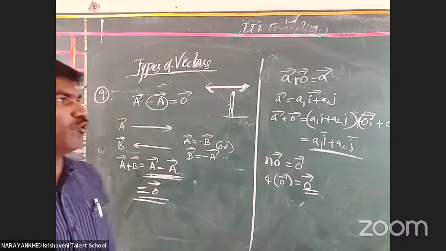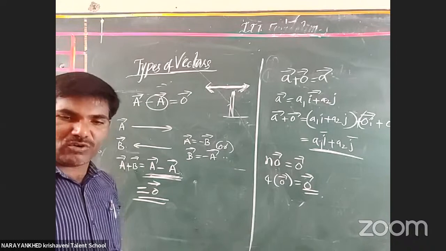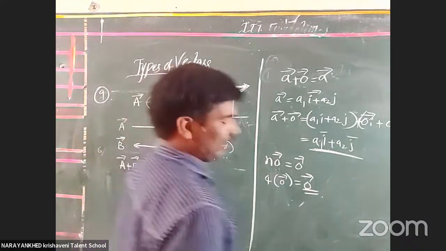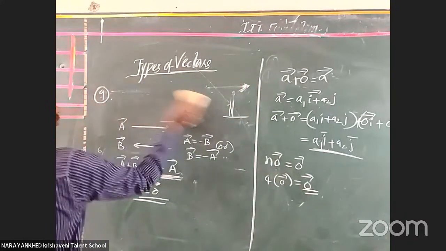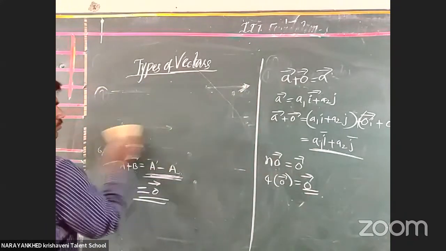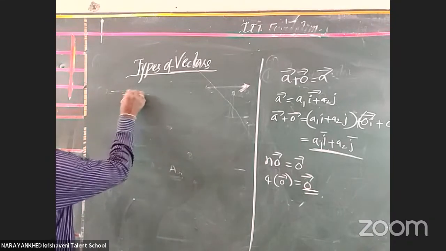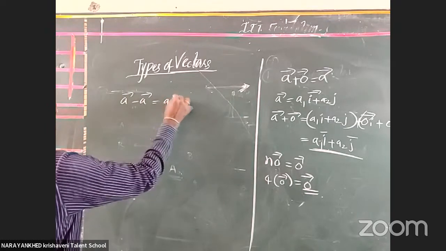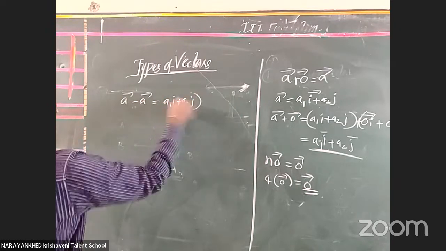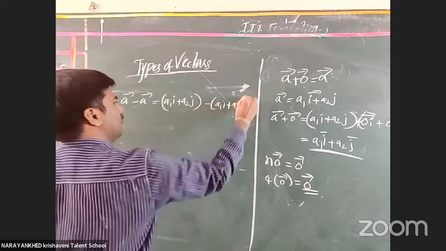A bar plus O bar is equal to A bar. A bar minus A bar is equal to 0 bar. Now how have we written A bar minus A bar here? A is taken as A1 i plus A2 j, minus A1 i plus A2 j only.